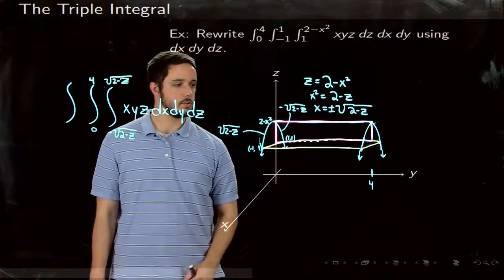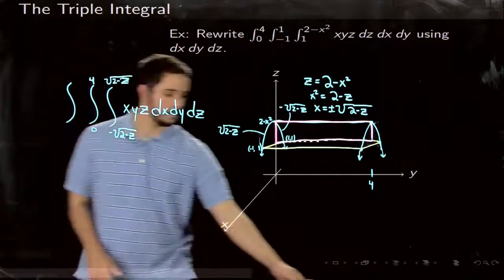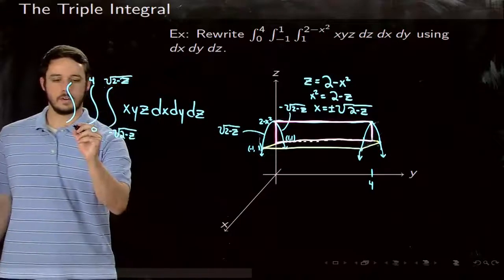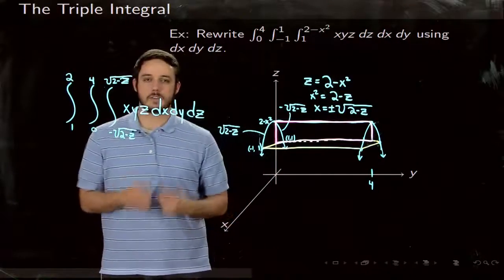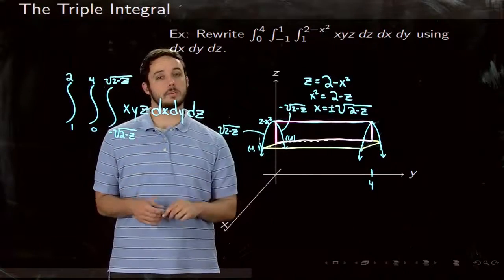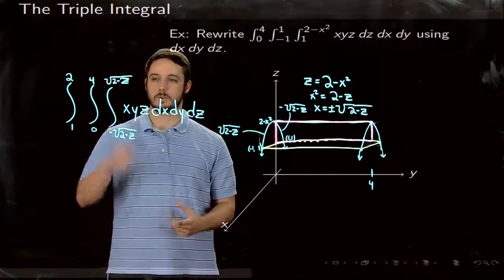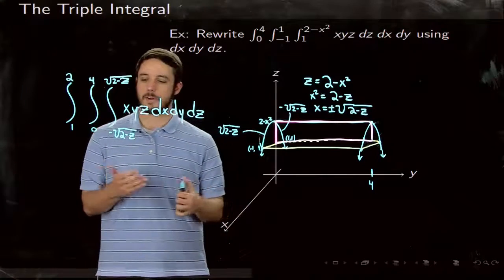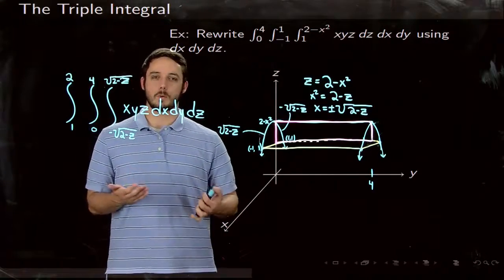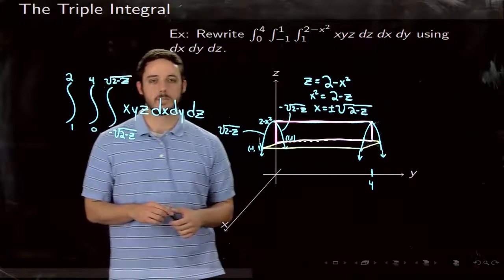This z value is 2. So the bounds on z are 1 and 2. Now we have the new bounds, and so this is a new way to write the same integral. So if we evaluate the integral in this order with these bounds, we'll get the same answer as before. So that's how we rewrite triple integrals in a similar way to how we would rewrite double integrals in a different order.